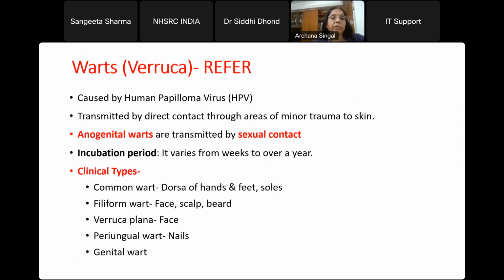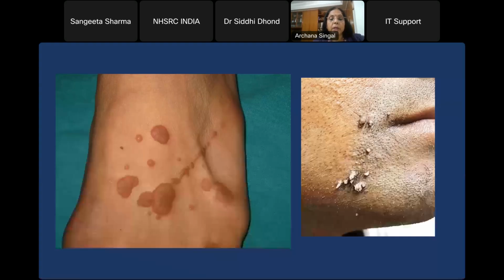Warts, always refer, whether they are plain warts or anogenital warts, which are usually a sexually transmitted disease. Next. So you see these asymptomatic warty lesions over the dorsa of hands or feet or palms and soles. Filiform warts occur on hair-bearing areas, scalp or face. Next.